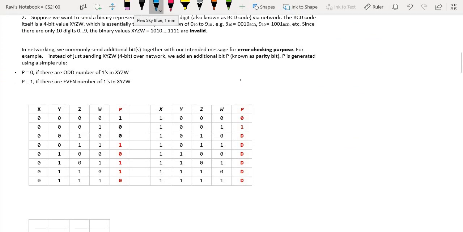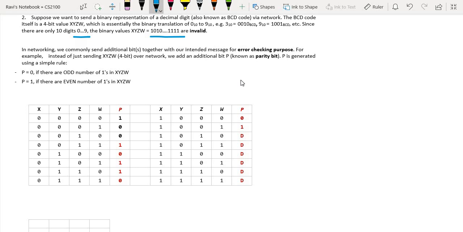Okay, now let's go on to question 2. In question 2, basically we are given a BCD. What is a BCD? A BCD code is a binary coded decimal. That means only numbers 0 to 9 are valid, and anything from 10 to 15 is invalid.